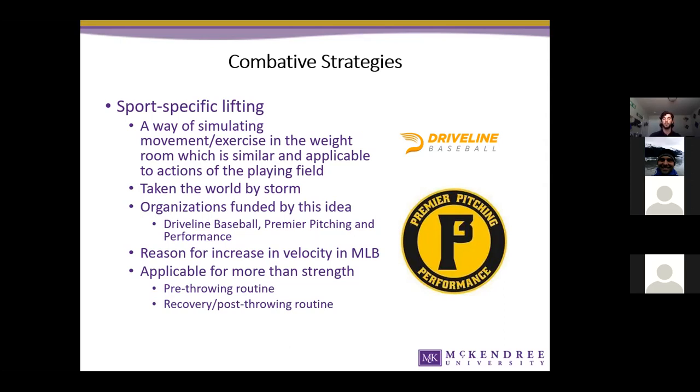In terms of baseball, you'll see a pre-throwing routine, which will look like J-bands or throwing Driveline balls. For recovery, you'll see J-bands, you'll see waiter walks, you'll see the use of a body blade. All of these things, which are very subjective, are very specific to the individual.